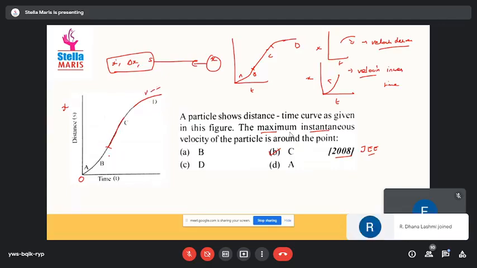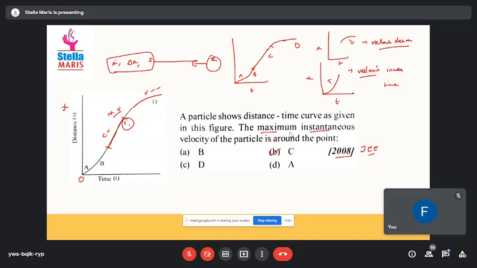So it retains the maximum velocity until C, and the velocity is maximum at C. Auxilia is right. Do you understand how C is the point of maximum instantaneous velocity?